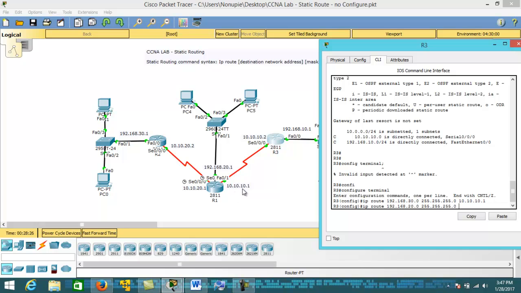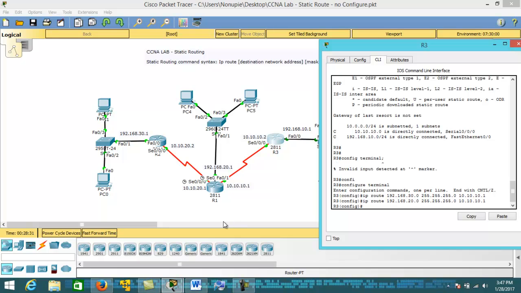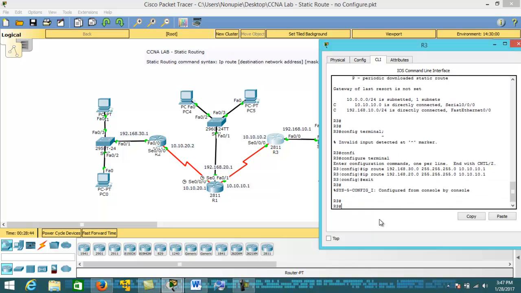The next hop will be 10.10.10.1. If the packet reaches this router, it knows about this network, because this network is directly connected to this router. So that's it, I guess.